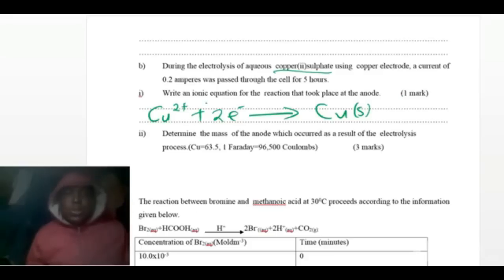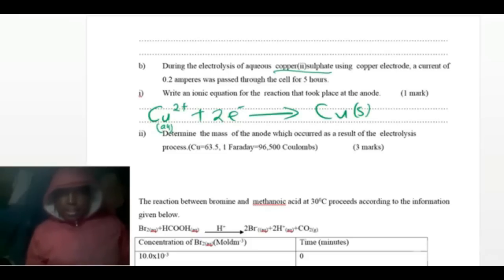Because it is in solution, it is in ion form, so this one is aqueous. It will regain 2 electrons to form copper. This is reduction.